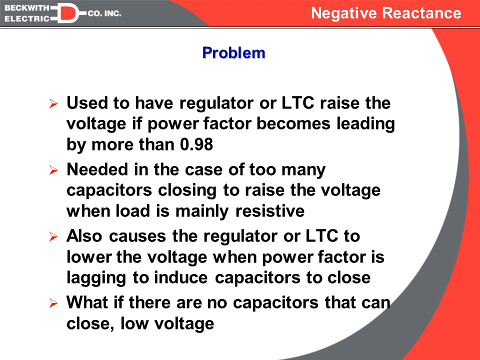So to resolve that, the negative X would see that and raise the voltage to induce some of those capacitor banks to go off. But in lagging power factors, that would induce the LTC to lower the voltage to turn capacitor banks on, and if there were no cap banks to turn on, then you would end up with a low voltage.